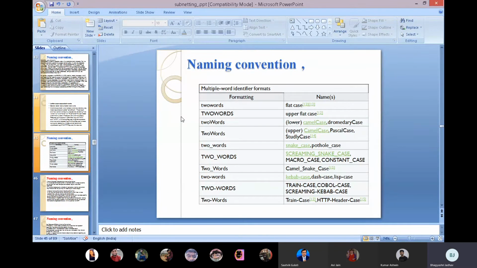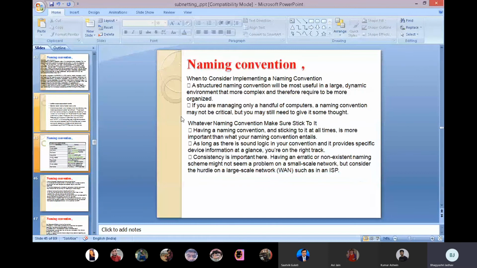Now, when to consider implementing a naming convention? A structured naming convention will be most useful in a large dynamic environment that is more complex and therefore requires more organization. If you are managing only a handful of computers, a naming convention may not be critical, but you may still need to give it some thought.